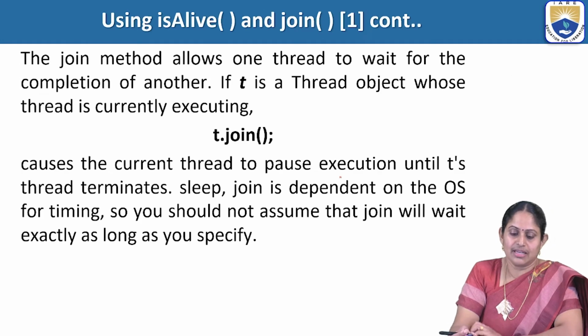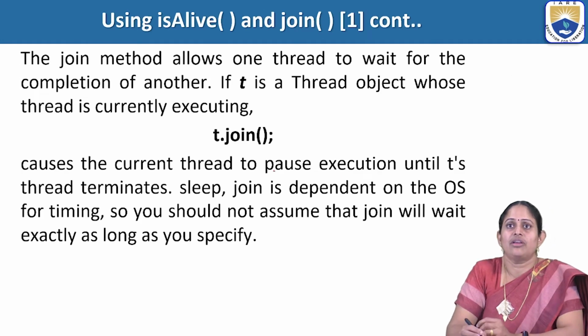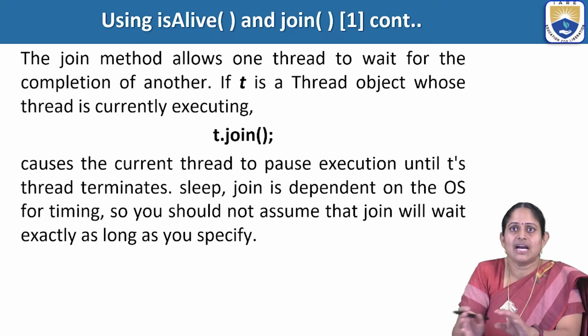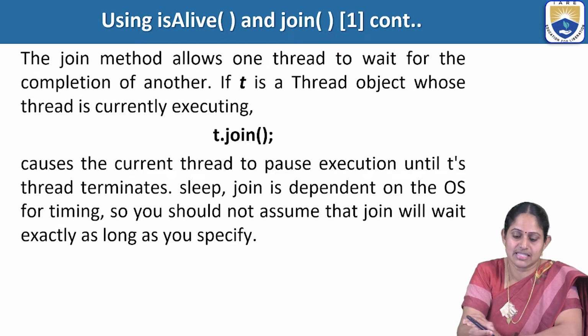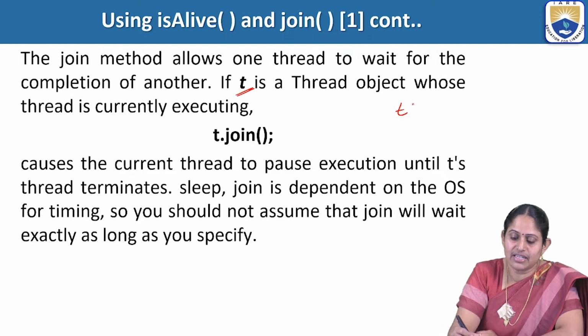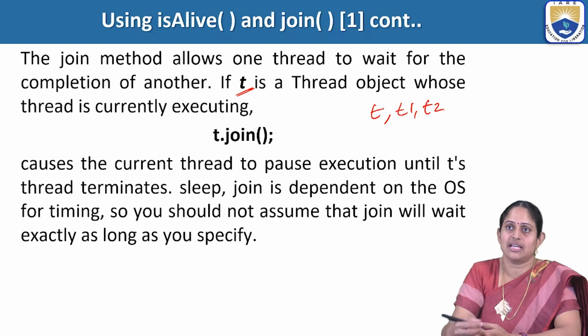So next is the join method. We make use of the join method to make other threads wait until the currently executing thread completes. Let's say we have T, T1, T2 as threads which are executing.